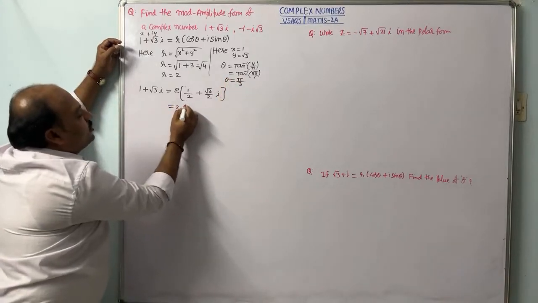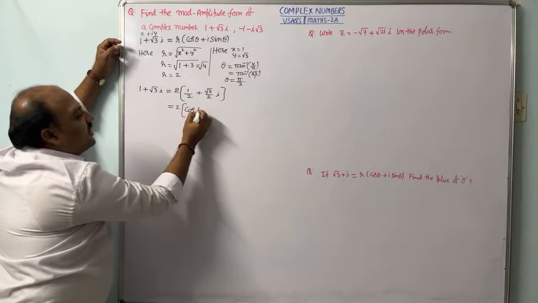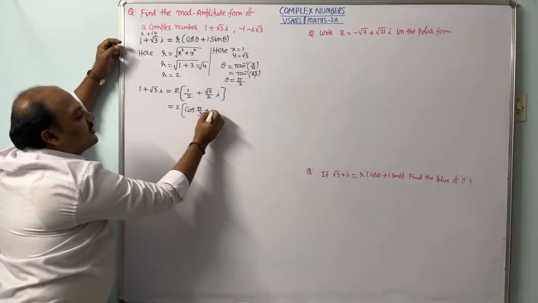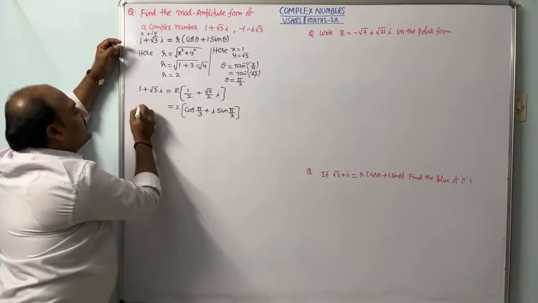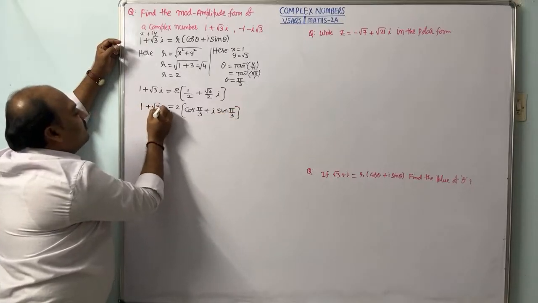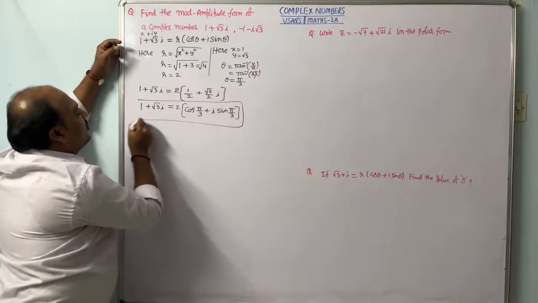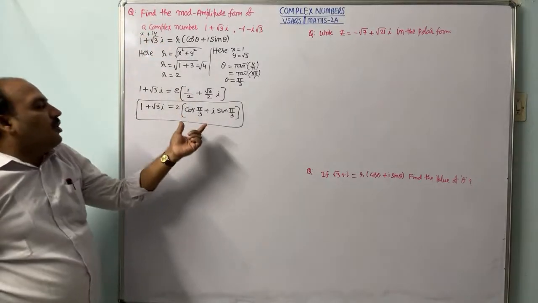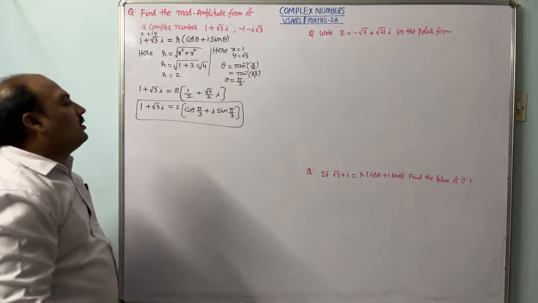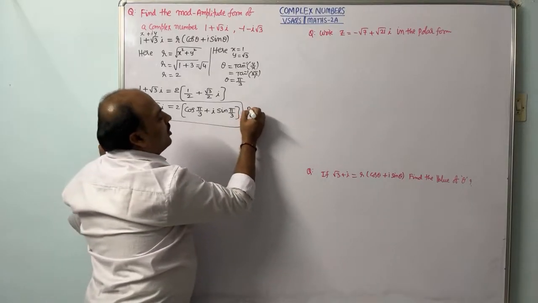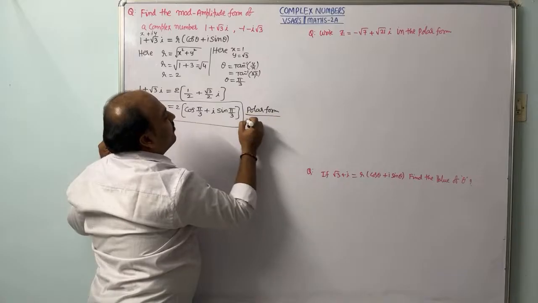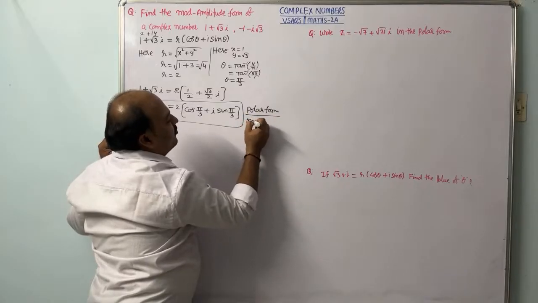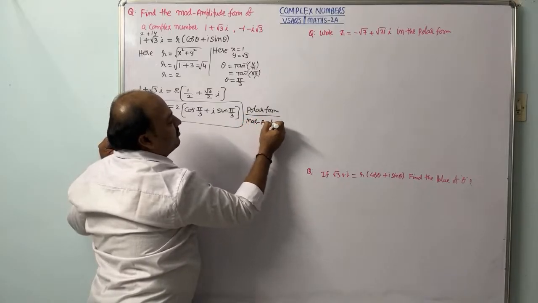So 2 into cos 60 degrees plus i into sin 60 degrees. This is called polar form, or modulus amplitude form.